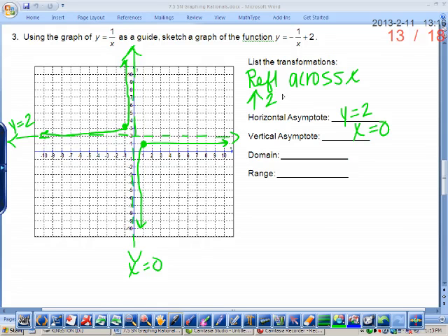All right, what's the domain of this function? What's the range? Okay, everyone okay with that? Does this graph have an x-intercept? Yes.